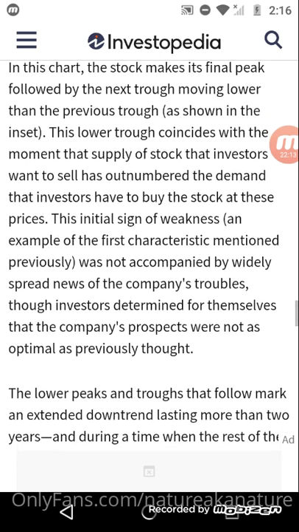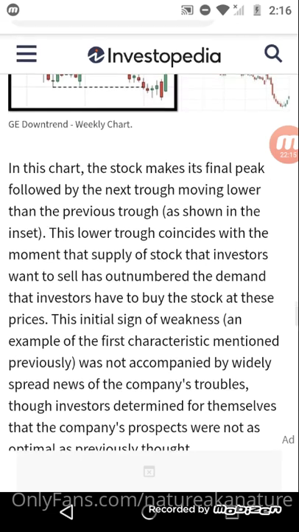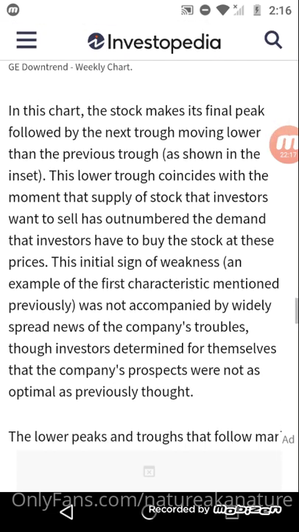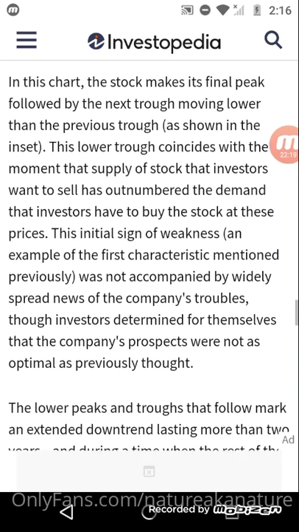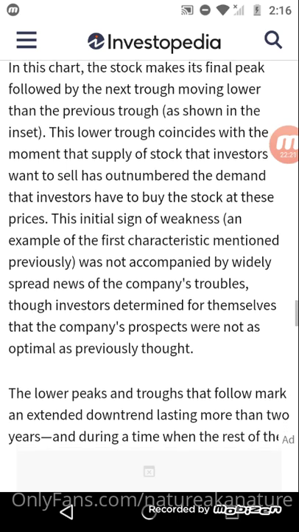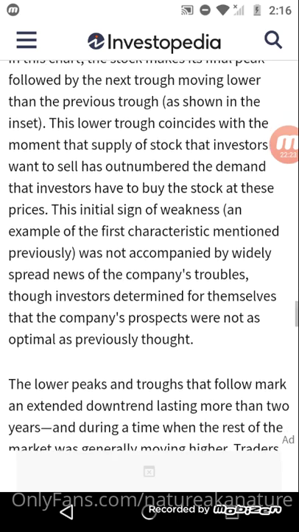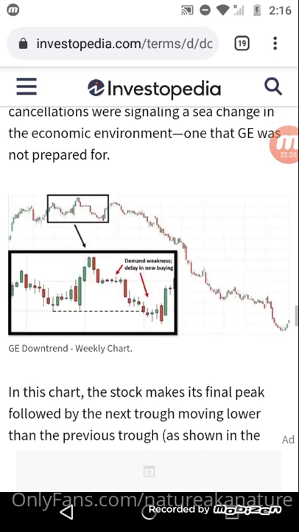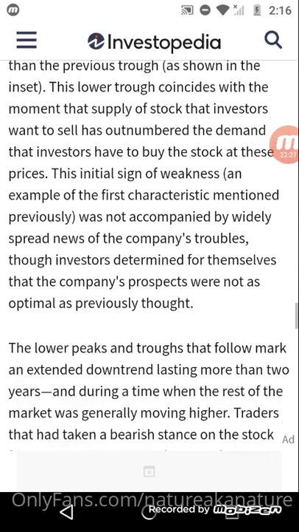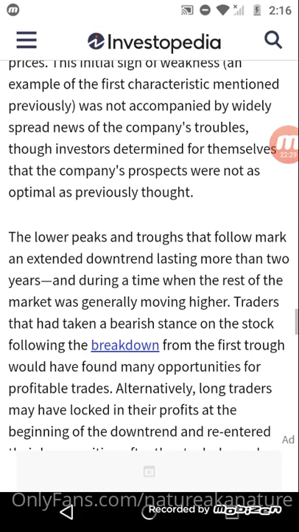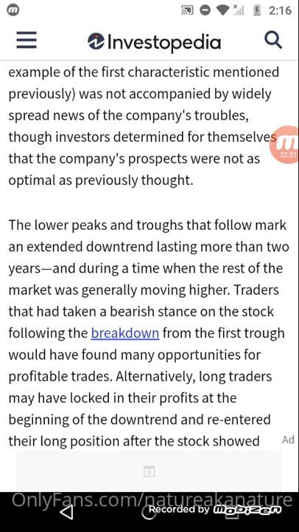So I also checked the news too, and it was not accompanied by company troubles, though investors determined for themselves that the company's prospects were not as exponential as previously thought. The lower peaks and troughs that followed marked extended downtrends lasting more than 2 years, during a time when the rest of the market was generally moving higher.